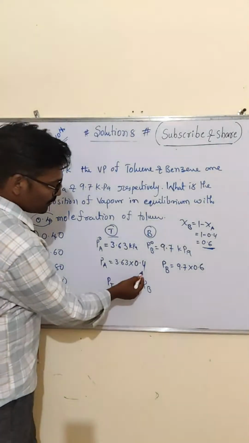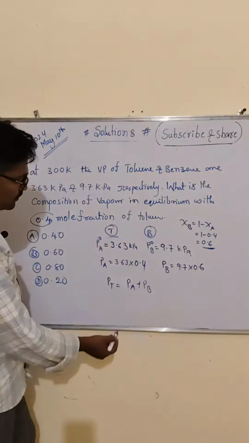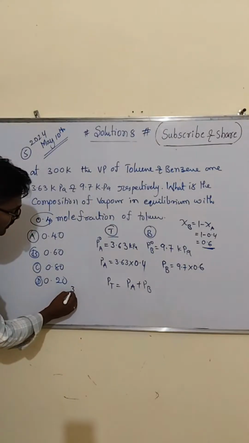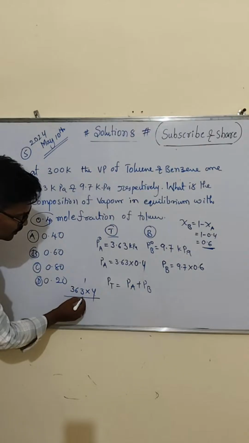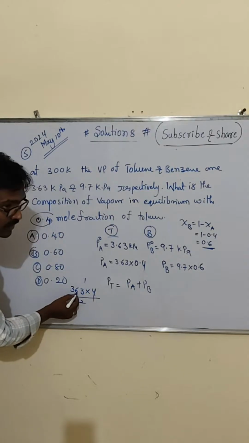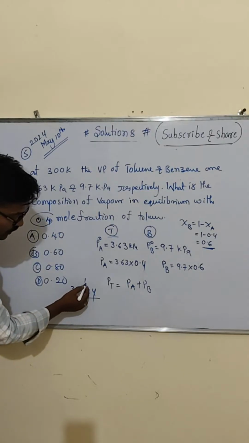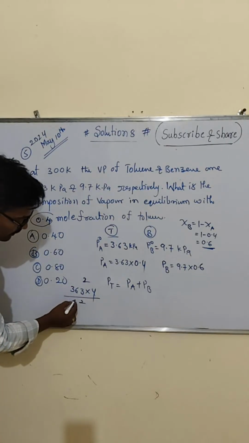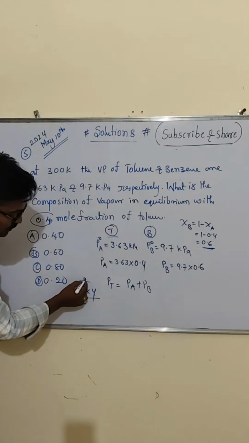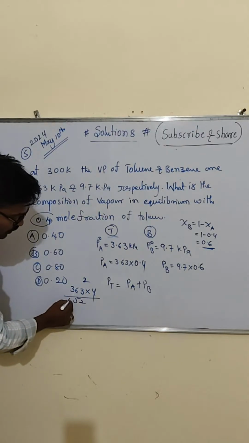So multiply here: 3.63 into 0.4. 4 3s are 12, then 24, 24, 25. Then 3 4s are 12, 12 plus 2, 14.